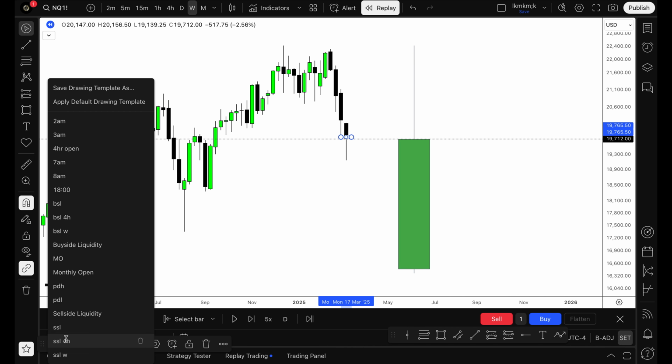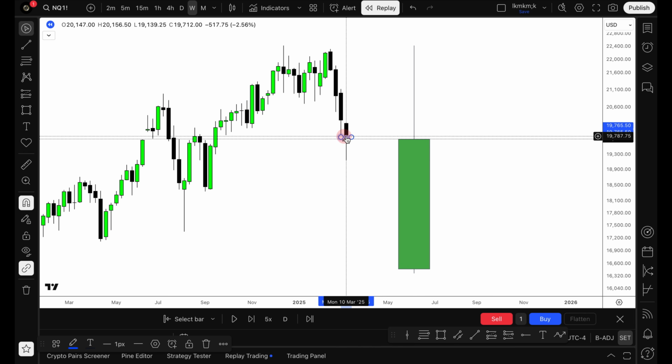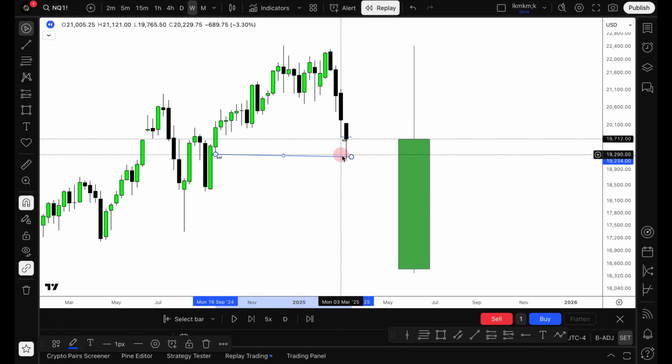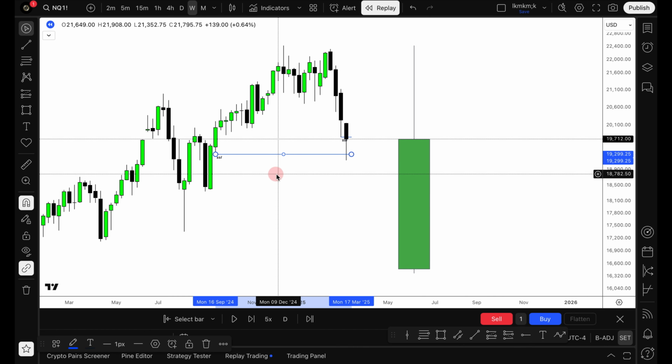So just label that as sell side liquidity. What you would want to target next is probably down here, which is another close low to the low, which has already been met as well.